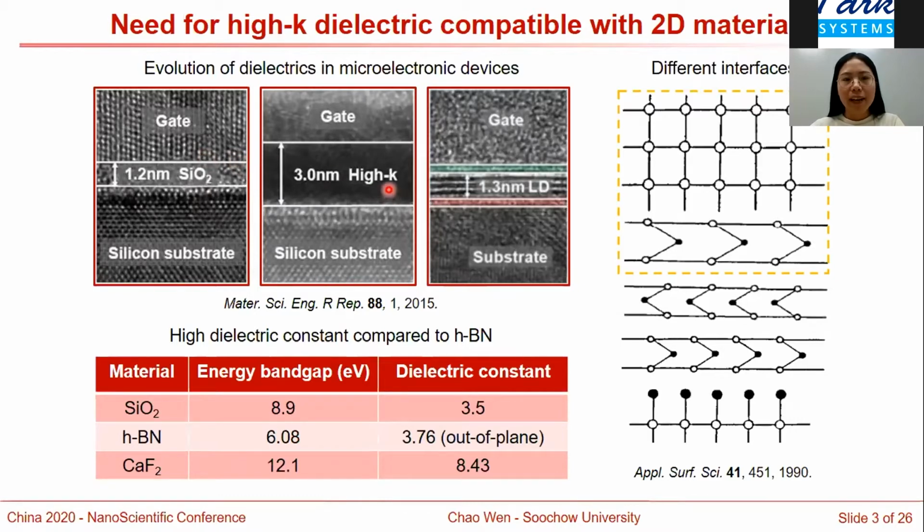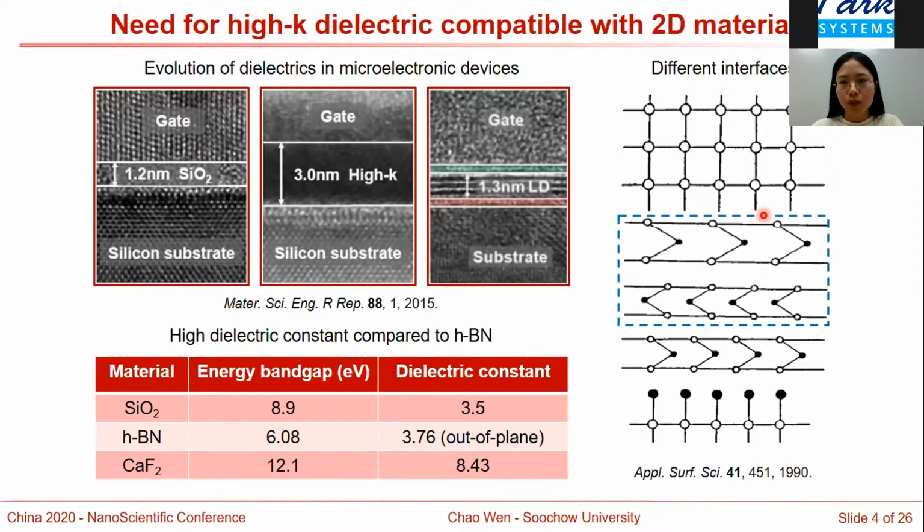So, high-K dielectrics are introduced to replace silicon dioxide in order to reduce the leakage current. The downscaling process also requires other new materials, for example, two-dimensional materials, graphene and molybdenum disulfide, to replace the traditional channel. But the interface between this 2D channel and 3D dielectrics is always problematic because there are plenty of dangling bonds on the surface of these 3D dielectrics.